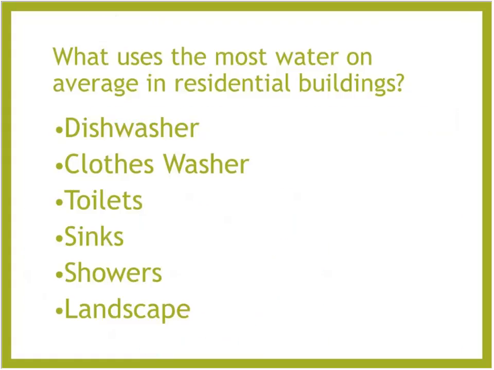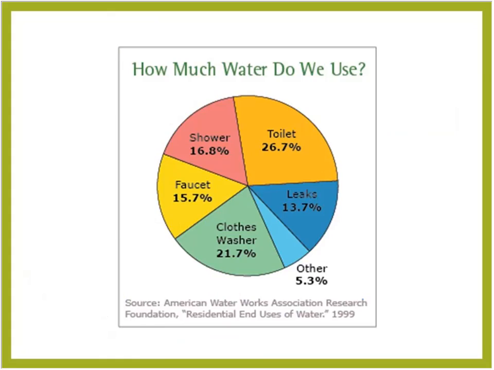So stop and think for a second, what uses the most water on average in residential buildings? So we're just talking average across the country. That can change for many different reasons, but what is the average? And so if you said toilets, you would have gotten that right. Toilets are the biggest water waste that we know of in this country.